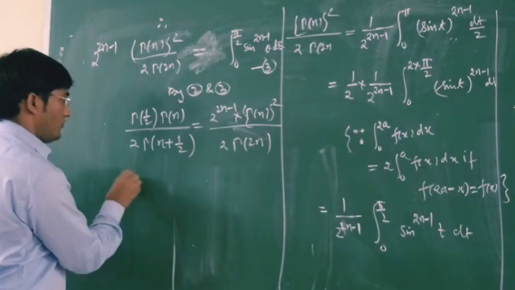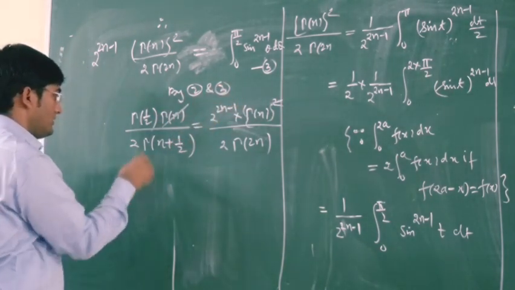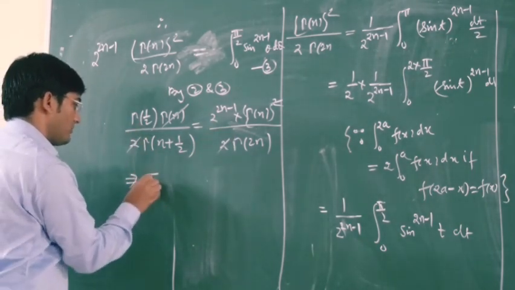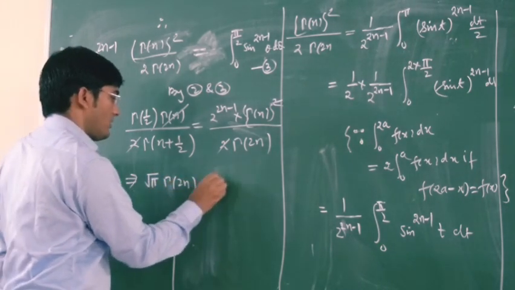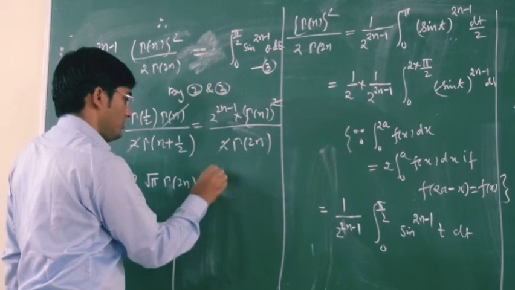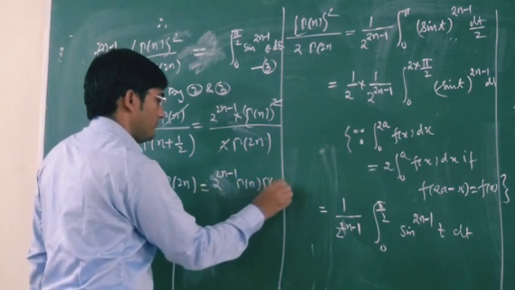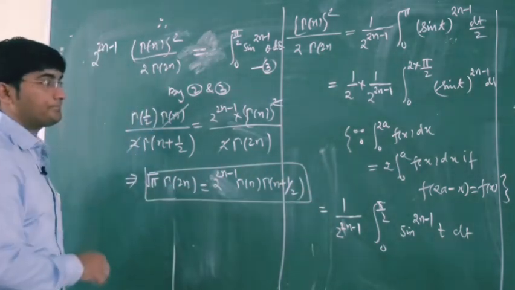From here, the 2 is cancelled, and gamma half is root pi. So we have root pi into gamma 2n equal to gamma n into 2 power 2n minus 1 into gamma n plus half. So this is your Legendre duplication formula.